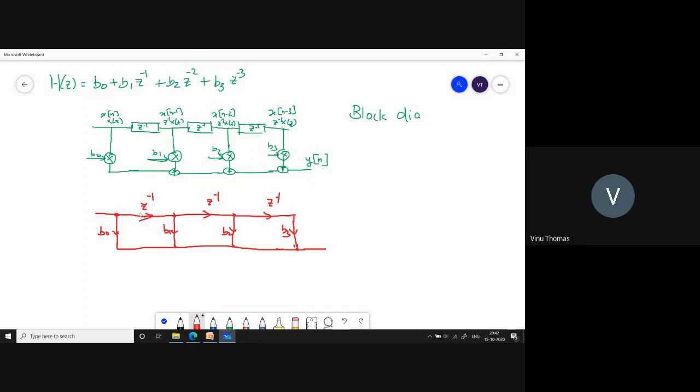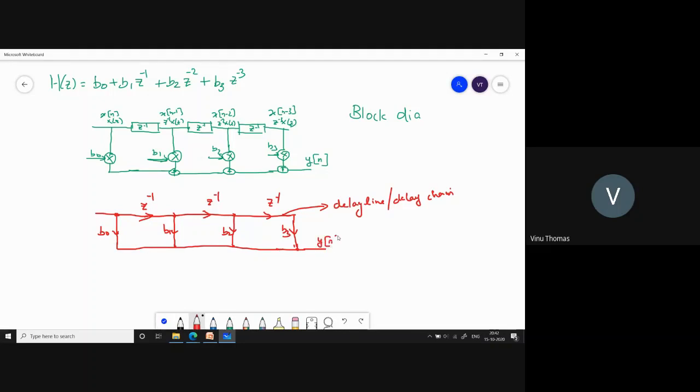So here I have what is known as a delay line, or a delay chain. I take taps from the delay chain like this, and these taps are added together.